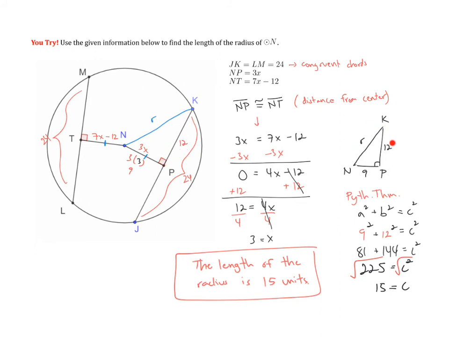And then I redrew that triangle with the radius so that it was easier to see which triangle we were working with. So substituting into the Pythagorean theorem, we got that c at the end of the day was equal to 15. But again, just to make sure that we are very clear with what we were solving for, I wrote a sentence that says that the length of the radius is 15 units.